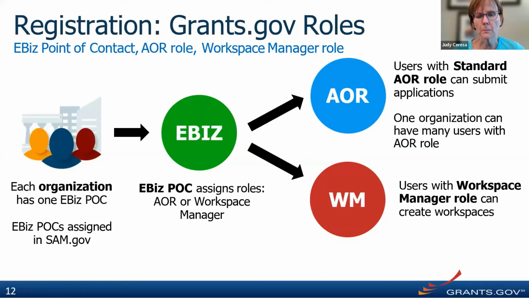There's a couple of other things that we pull into Grants.gov too. But the most important is your UEI and your EBiz, because the only thing that an EBiz POC does in Grants.gov is assign roles to people within their organizations. And they also are responsible for renewing the account annually in SAM.gov.